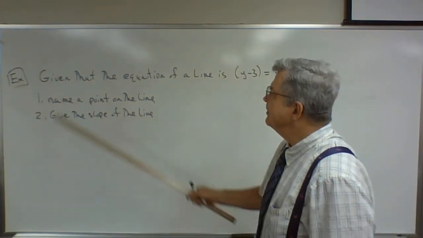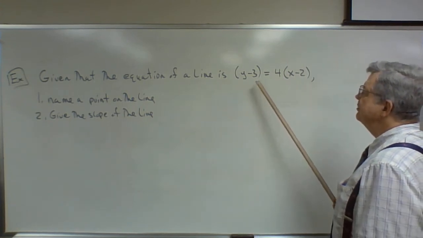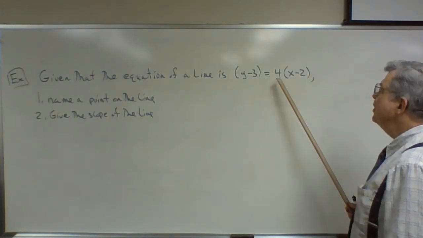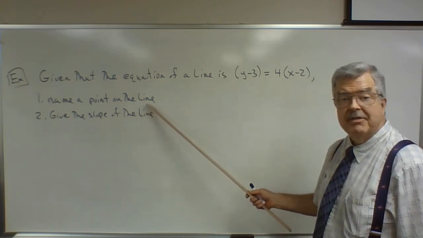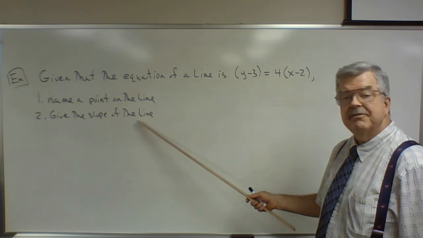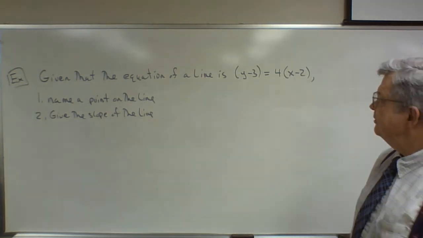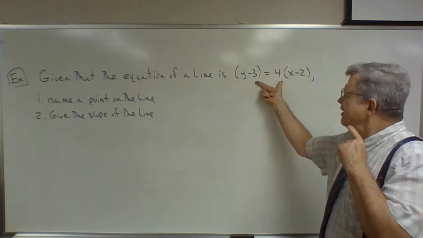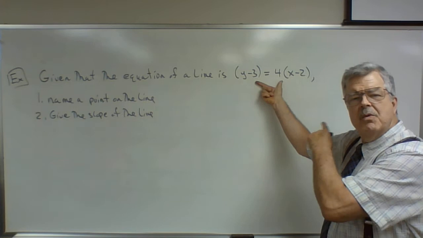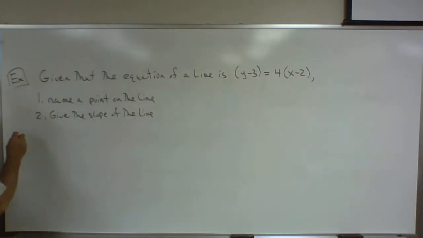First example, given that the equation of a line is y minus 3 equals 4 times x minus 2, name a point on the line, give the slope of the line. Well, the first thing that we do is we look at this and we say this fits a known form. Let's write down what we know.